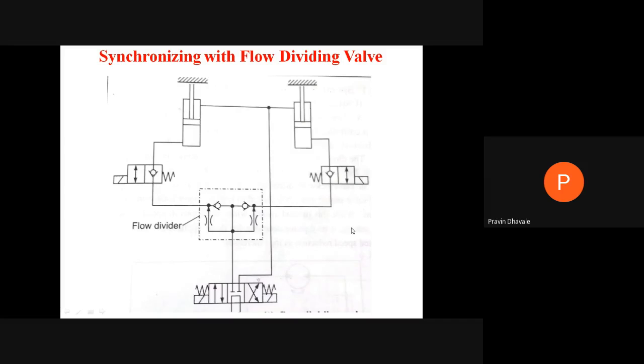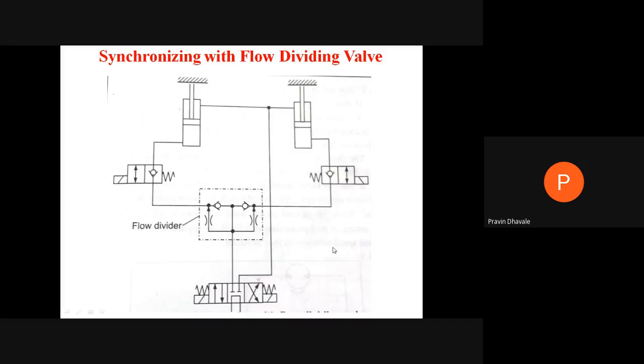Now it will have the same function as a mechanical coupling, but instead of a mechanical coupling, in this synchronization circuit we are utilizing this flow dividing valve, or flow divider. A flow divider is a combination of a flow control valve along with a check valve, and it will divide the flow equally to each cylinder, right?